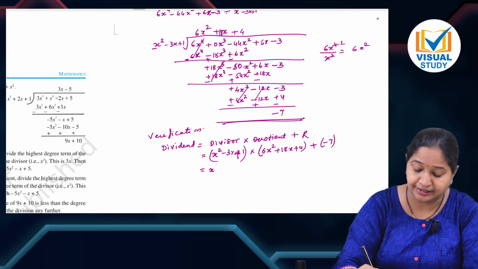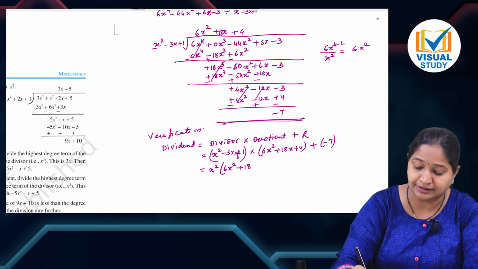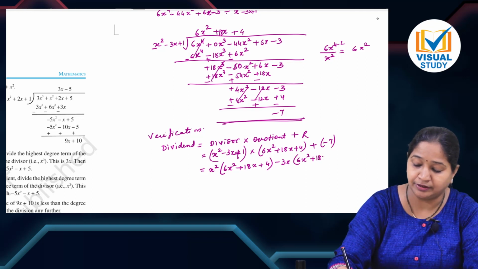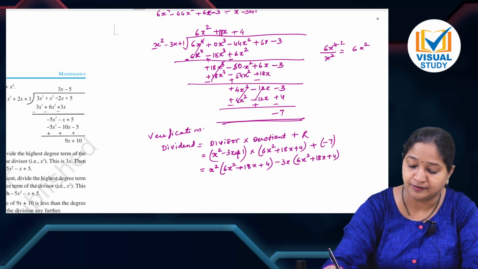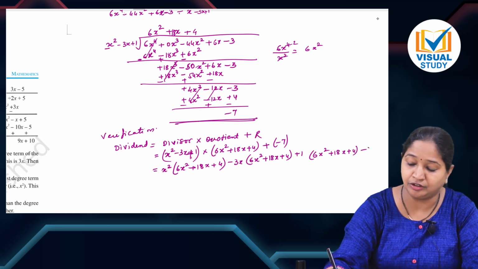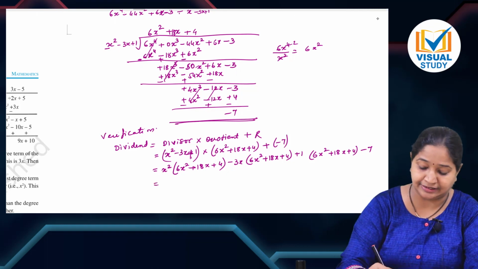You'll see it, x square into 6x square plus 18x plus 4, minus 3x into again 6x square plus 18x plus 4, and here plus 1 into 6x square plus 18x plus 4, and your minus 7 will be as it is.